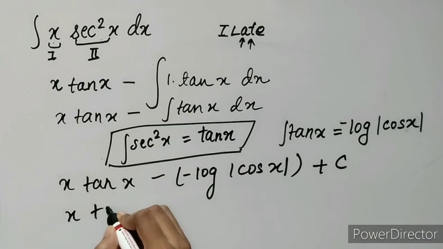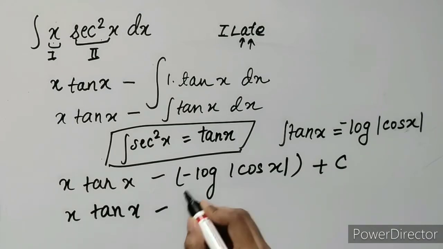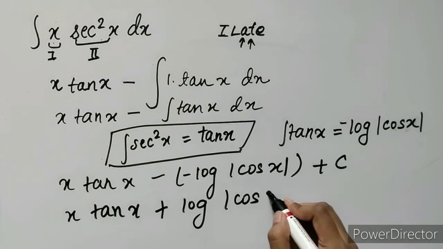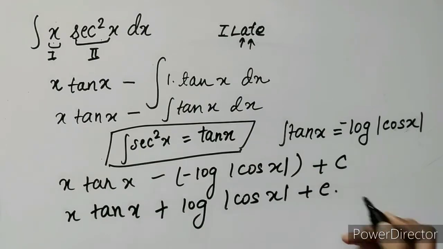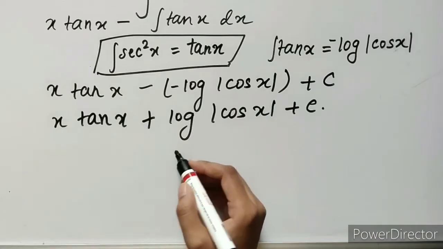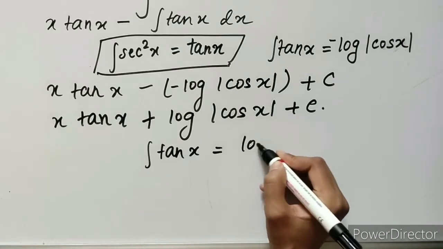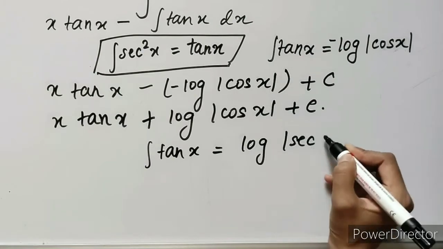So it will be x tan x plus log cos x. We have one more formula of integration of tan x, which is log secant x.